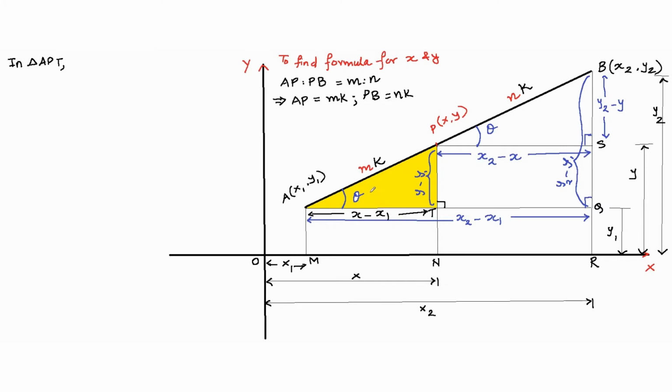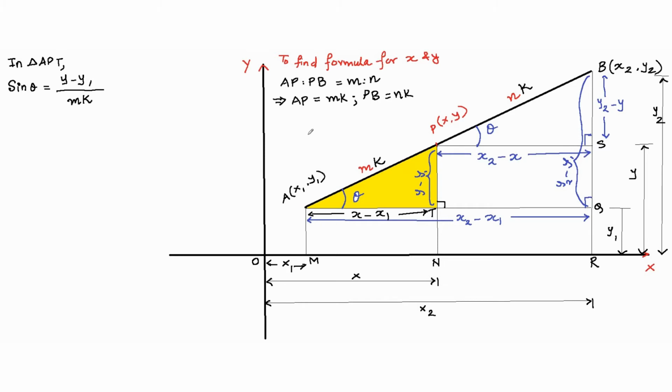So I can use the trigonometric ratio sine theta. In this triangle, sine theta equals the opposite side, which is y minus y1, divided by the hypotenuse, which is m times k. This gives me one relation between y, y1 and m.